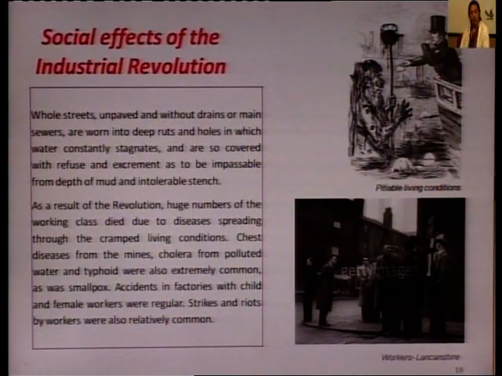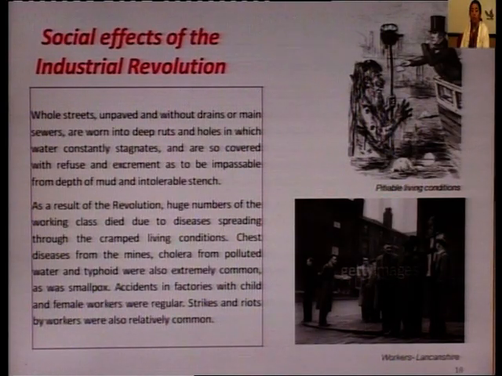More pictures of the pitiable living conditions and the workers of Lancashire. What was the write-up that was given by one of the writers of the Industrial Revolution? He said, whole streets unpaved, without drains, without main sewers, are worn into deep ruts and holes in which water constantly stagnates. So there is a lot of disease, there is a lot of chance of epidemic.